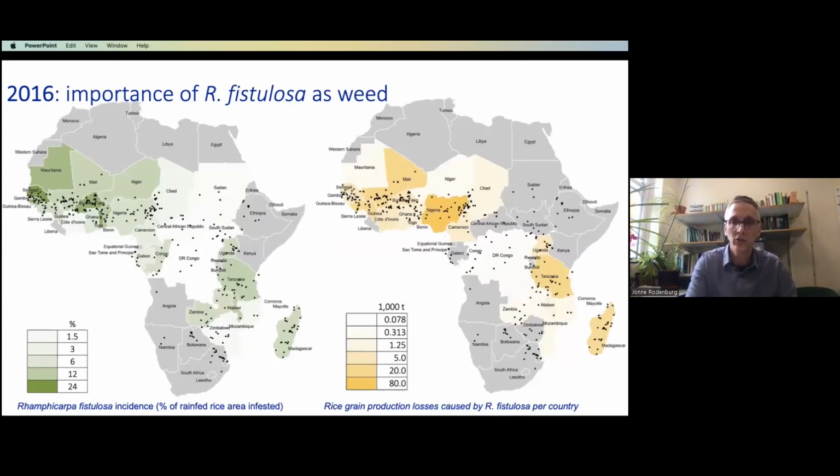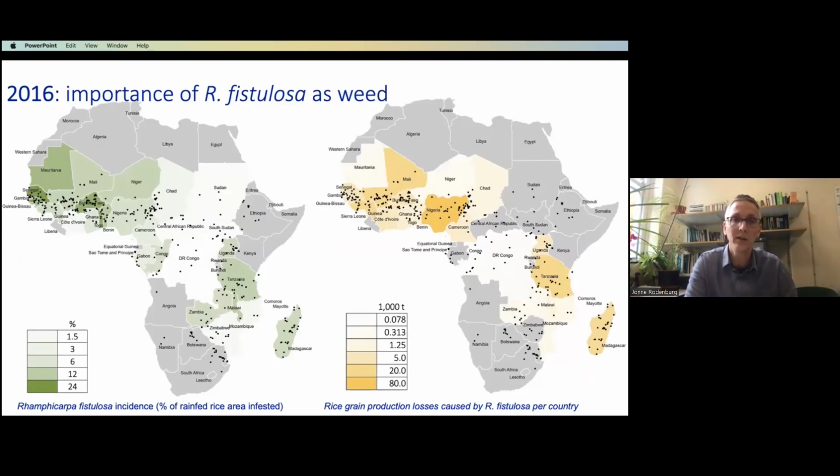So these are just two other maps representing the same herbarium specimens with the black dots, and then overlapped with our estimates of their incidence on the left-hand side.